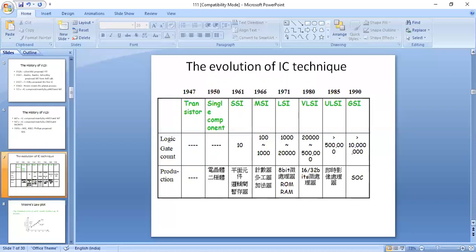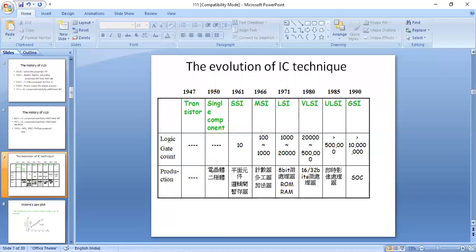So what it contains: medium scale integration talks about nearly 100 to 1000 logic gates or transistors. So a single wafer can accommodate only 100 to 1000 transistors.